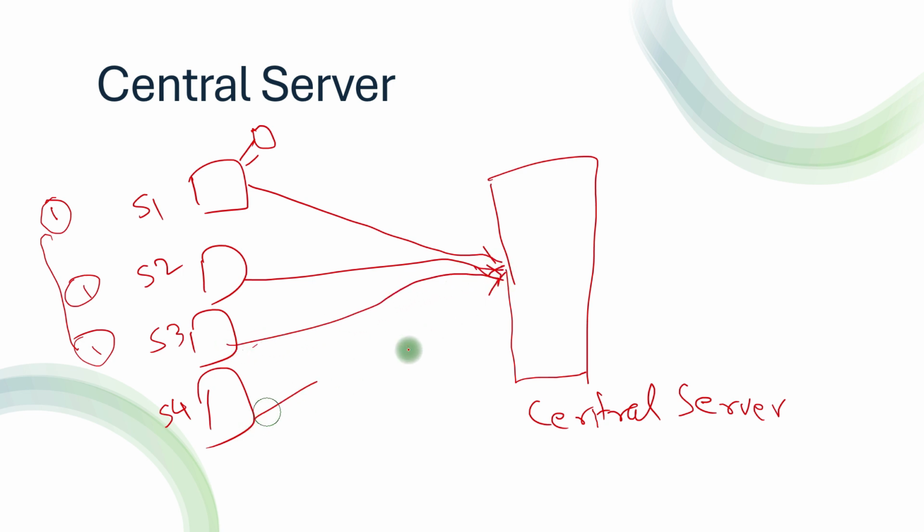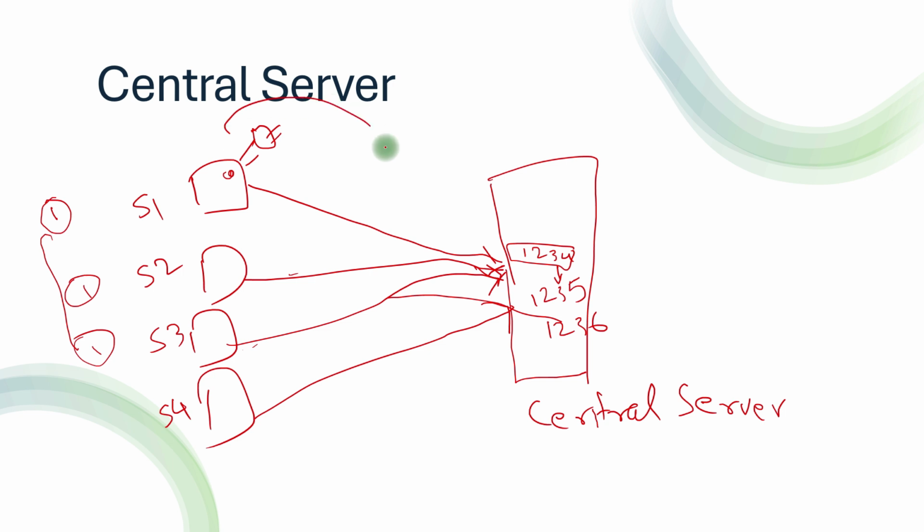Whenever this service wants to create any record in the database, it can connect to this server and get the ID. Let's say it has given 1, 2, 3, 4 to this one. Whenever S2 connects next, it will give the next ID available, 1, 2, 3, 5, but it won't give this one. Similarly, if S3 is connecting, it will give 1, 2, 3, 6.